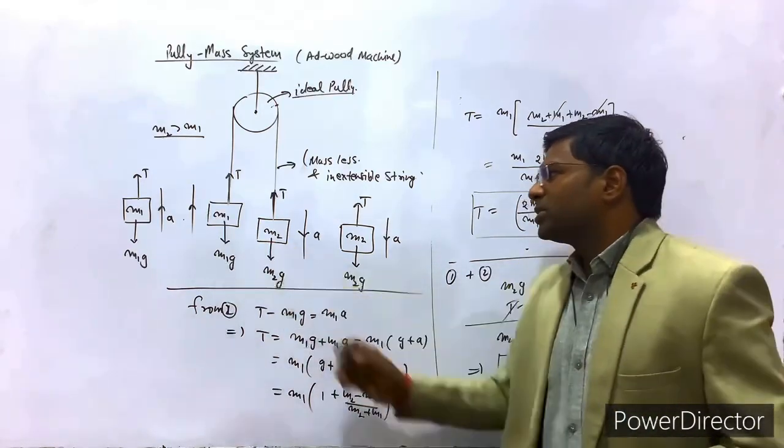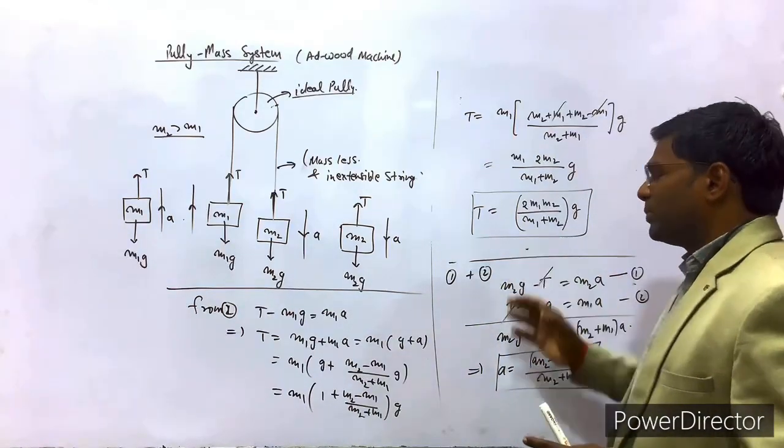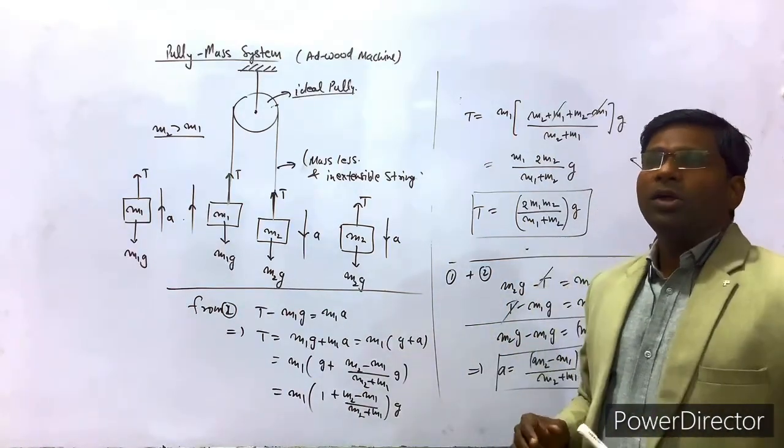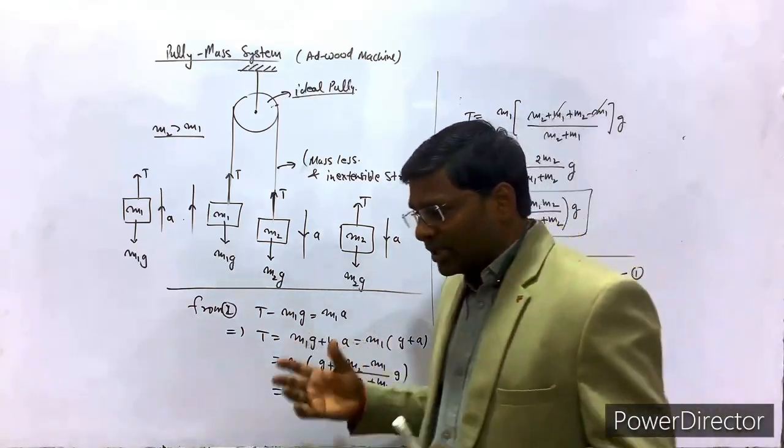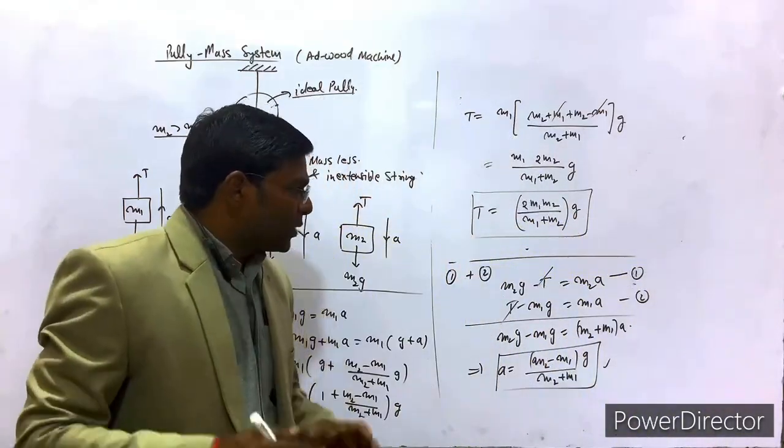In the pulley-mass system, these two expressions can be used as formulas for solving further problems. I think you will understand this in a better way. Thank you very much.